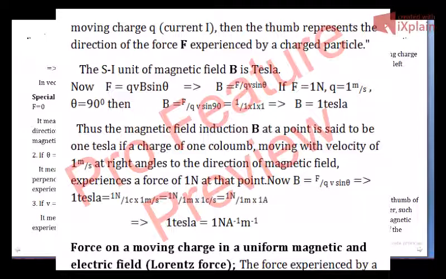So we can define 1 Tesla as the magnetic field induction B at a point if a charge of 1 coulomb moving with a velocity of 1 meter per second at right angles to the direction of the magnetic field B experiences a force of 1 Newton at that point.